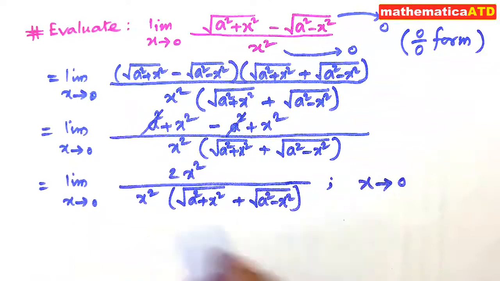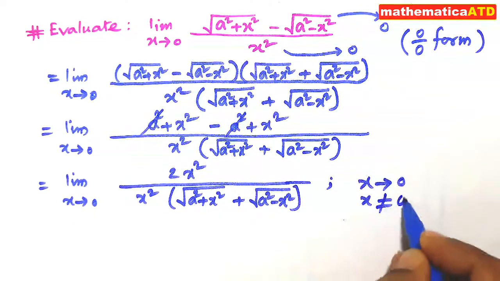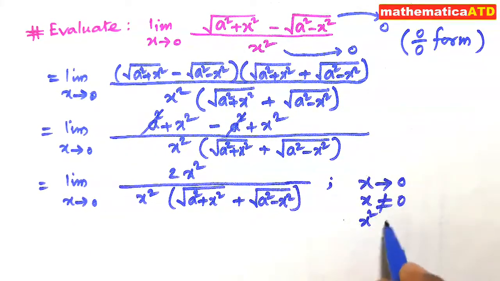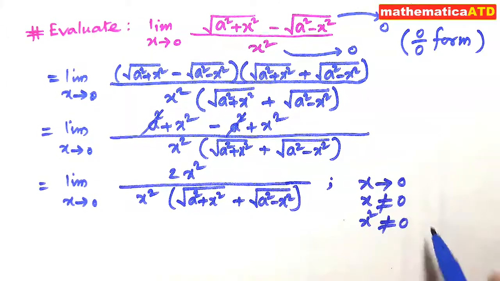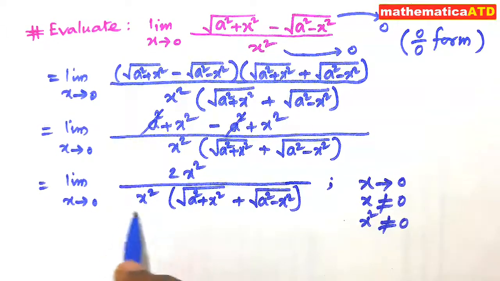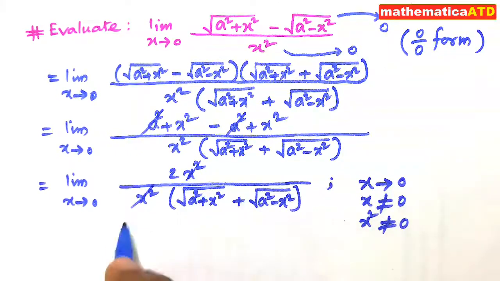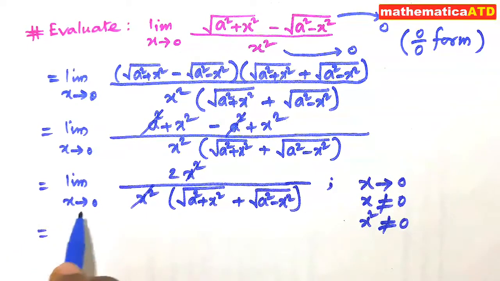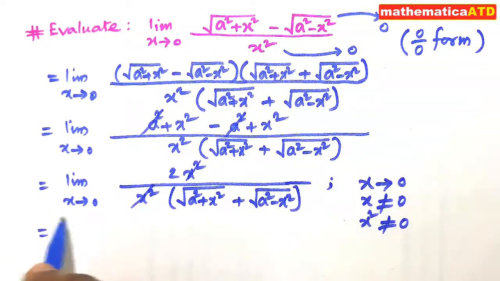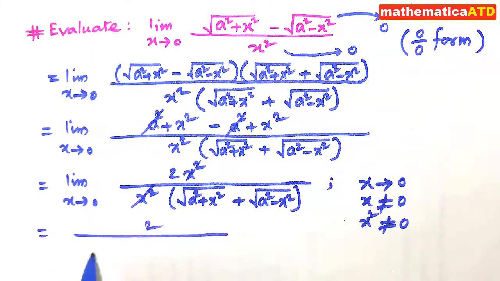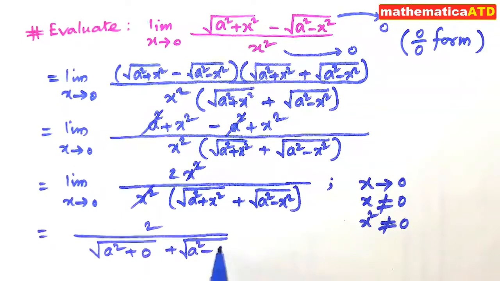So friends, the fact is x is tending to 0. X is tending to 0 means x is not equal to 0. So we can write x square is not equal to 0, and x square is in your denominator, so you can cancel these x square and x square because x square is not equal to 0. So if we apply the limiting condition, that means x tends to 0, so we shall get 2 divided by root over (a square plus 0) plus root over (a square minus 0).